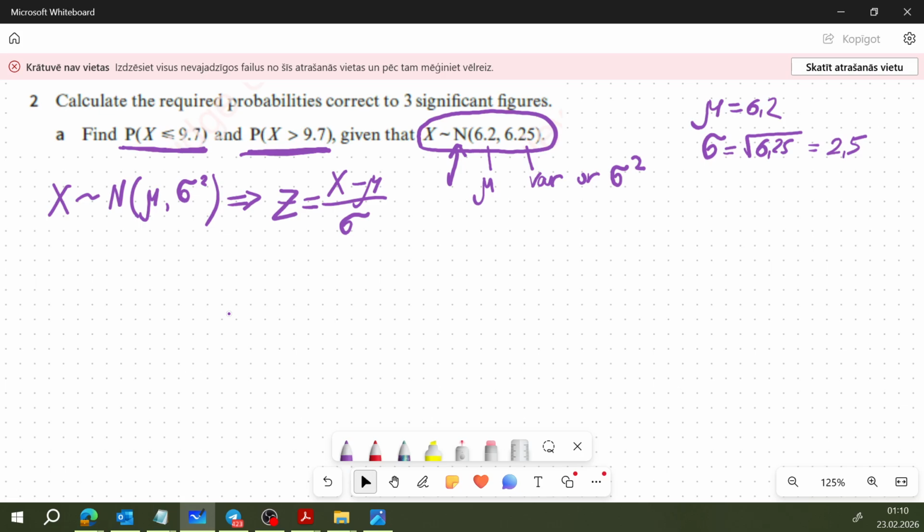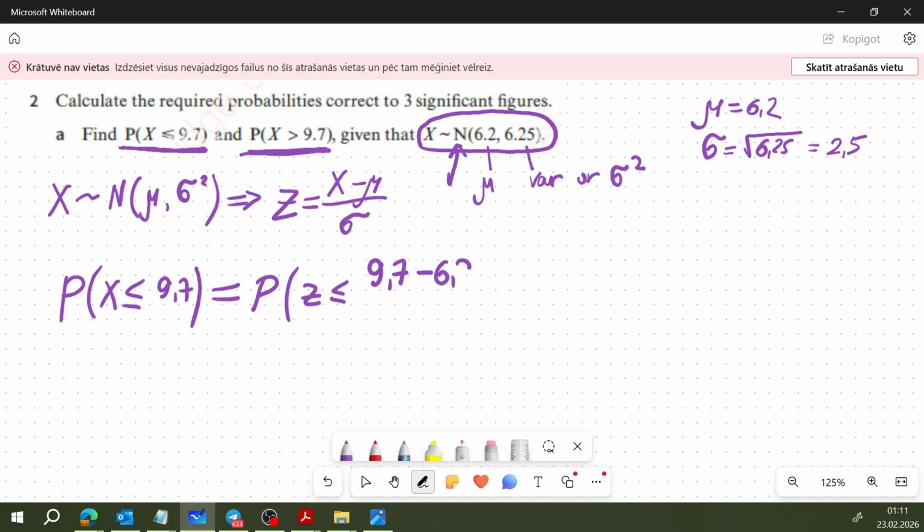But if we want to do that, we have to remember that here we have Z, but here we have X. And if we want to find P of X smaller or equal than 9.7, we can firstly say that this is the same as the probability that Z is smaller or equal than what? You have to find 9.7 minus 6.2 divided by 2.5. So this is what we need to do.